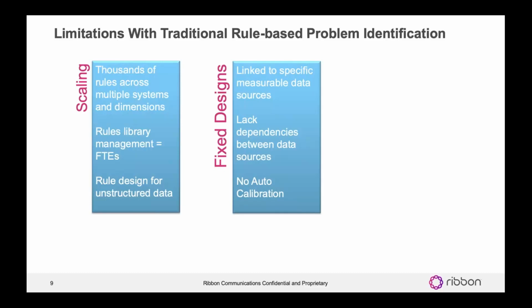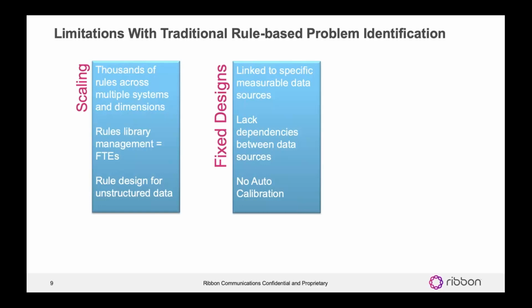With rules, you also have fixed designs. So you're going to be looking at specific types of measurable data. I'm going to look for a MOS score. I'm going to look for answer seizure ratio or NER type of data.